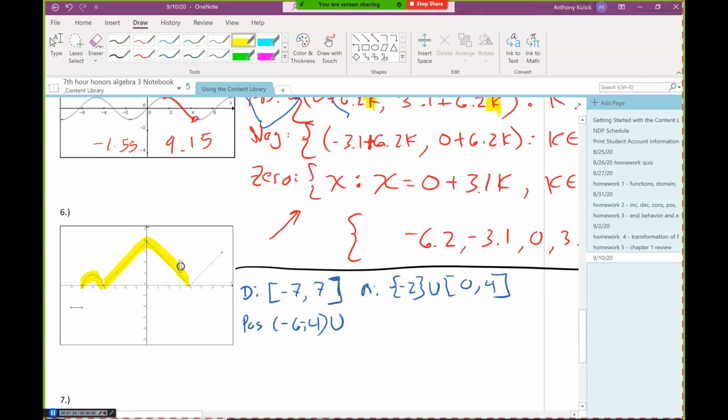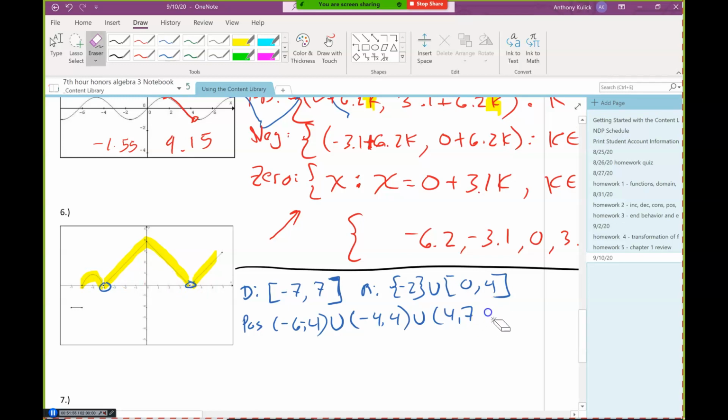And then we have a positive part here from -4 to +4. And then it becomes 0 at +4. And then I have one more part here that goes from 4 to 7. I can't write this just as -6 to +7 because we have those spots in between where we're 0. Right?